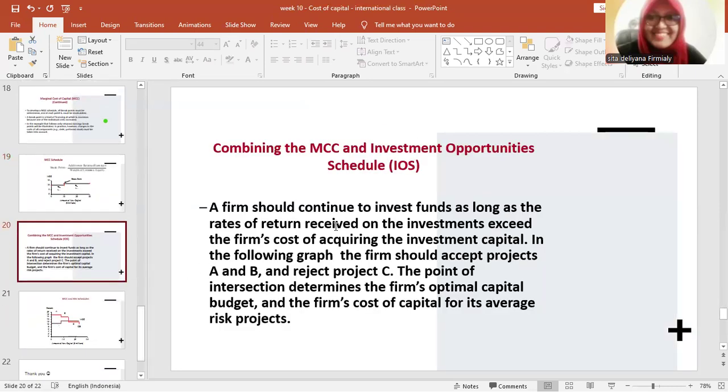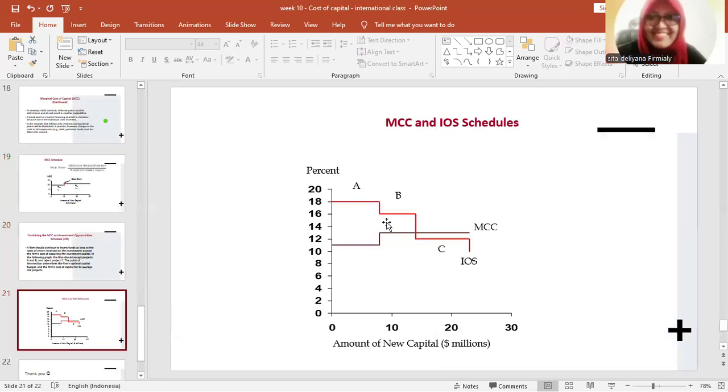A firm should continue to invest funds as long as the rates of return received on the investment exceed the firm's cost of acquiring the investment capital. In the following graph, the firm should accept projects A and B and reject project C. The point of intersection determines the firm's optimal capital budget and the firm's cost of capital for its average-risk projects.